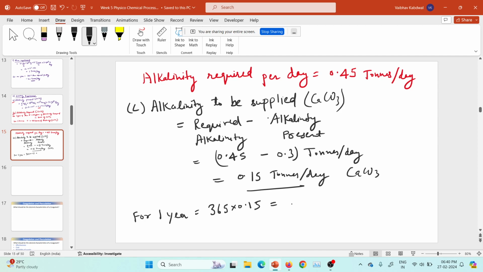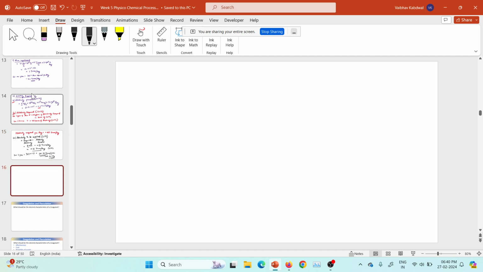So it will come out as 54.75 tons per year. And this is in terms of CaCO3. But now we need to calculate in terms of CaO. This is the main part.